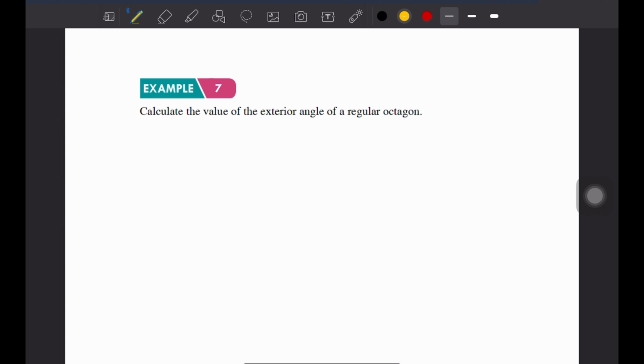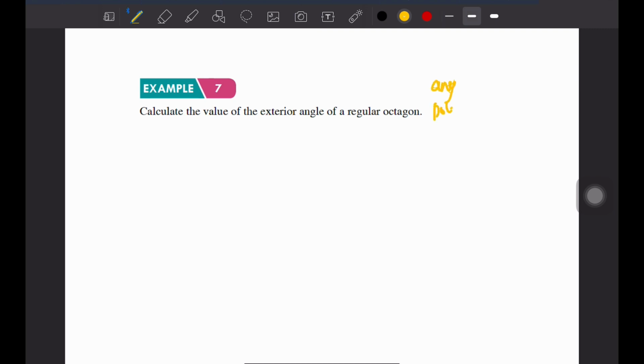Calculate the value of the exterior angle of a regular octagon. We know that the total exterior angle for any polygon is 360.